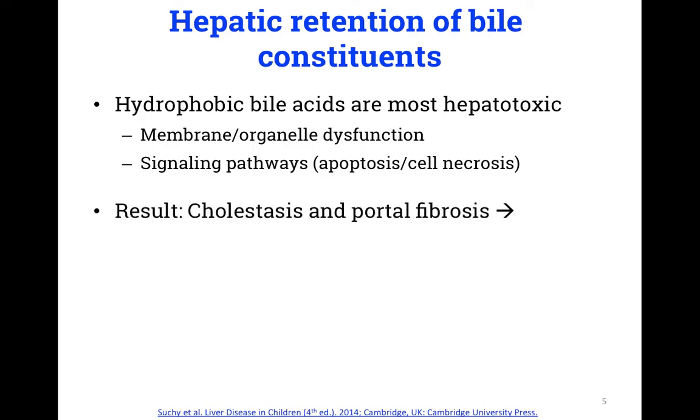So initially it can actually result in portal fibrosis or scarring around the portal tract from the cell death, and can actually lead to further impairment in hepatocellular function, which includes cholestasis, and thus a perpetuating cycle can develop with worsening cholestasis as a result of the underlying process itself.